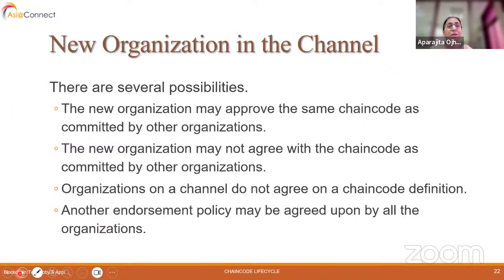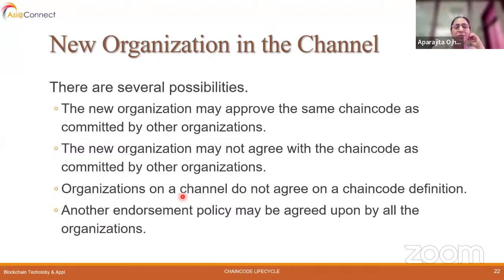The new organization may not agree to the chain code as committed by other organizations. And the organizations on a channel may not agree on a chain code definition. It may happen. First of all, the new organization may approve, may not approve, right? But the second thing is that suppose it does not approve and it proposes a change.